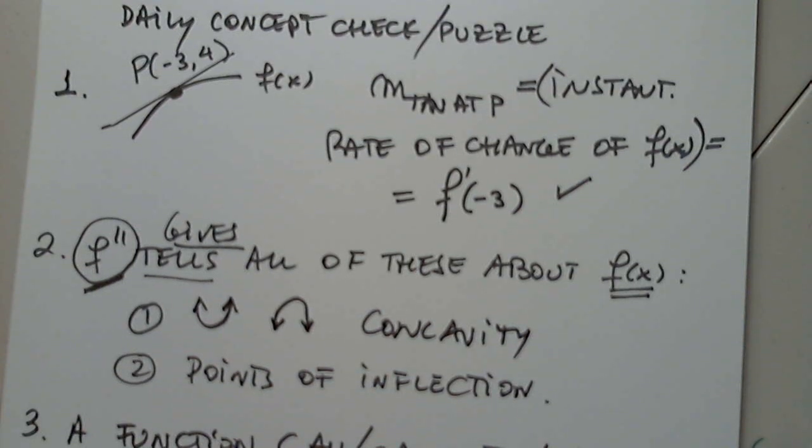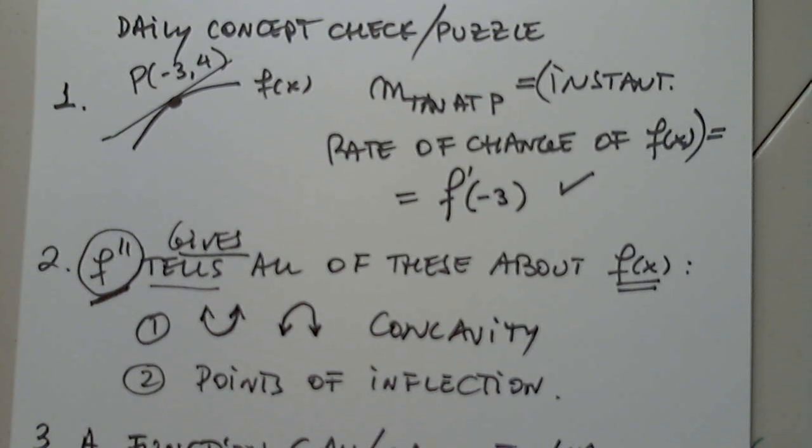Okay, last question here. A function can or cannot have a max or min where it is not differentiable. It can or it cannot. Of course, assuming it exists there, right?